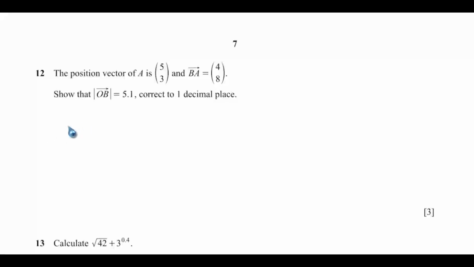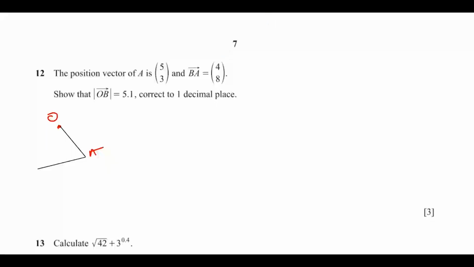So let's illustrate this. Let's say this is point O. The position vector of A will be moving towards this direction. Then we can call that point A. Let's write point A here. And BA is giving us this, so that means we have something like this for BA.